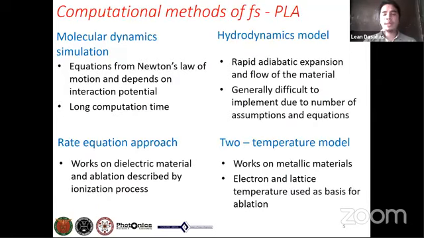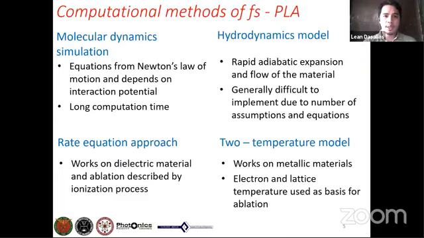Investigating pulsed laser ablation is very active work now, and there have been many approaches to study it, especially when we use a femtosecond pulse laser to provide the excitation. We have molecular dynamics, hydrodynamics, rate equation, and the two temperature model.